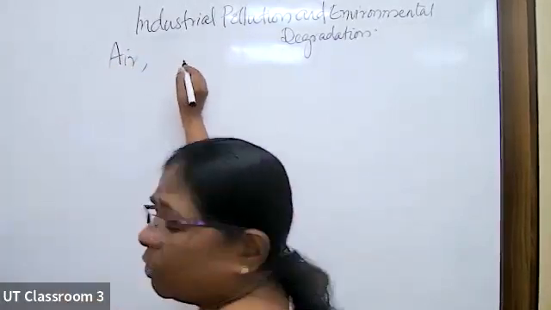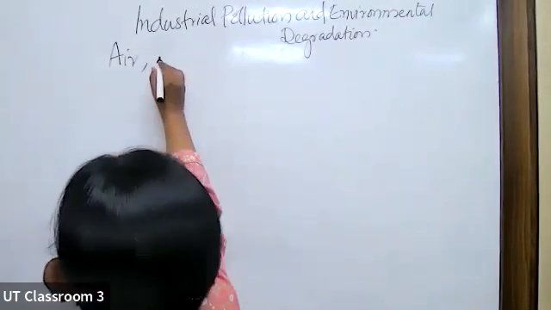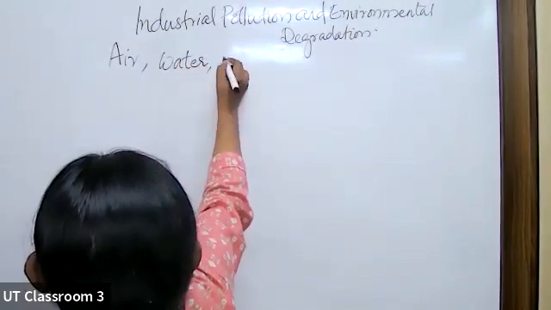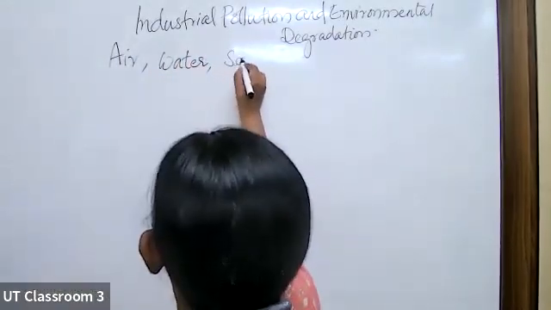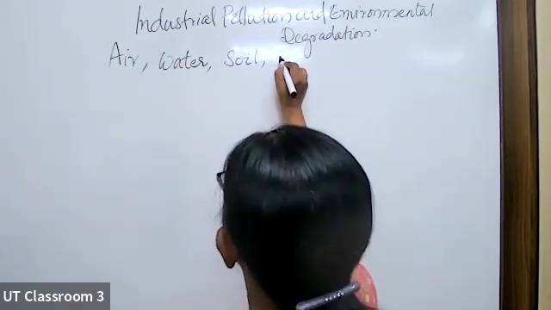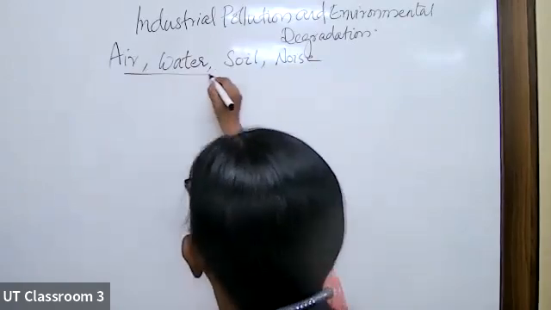There are 4 types of pollution. What is that? Air, water, soil, and noise. See, 4 types of pollution are there.